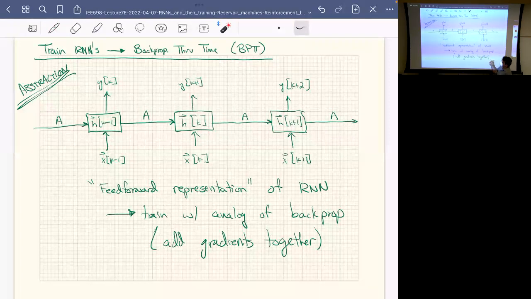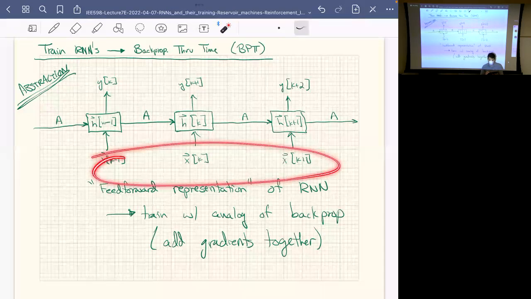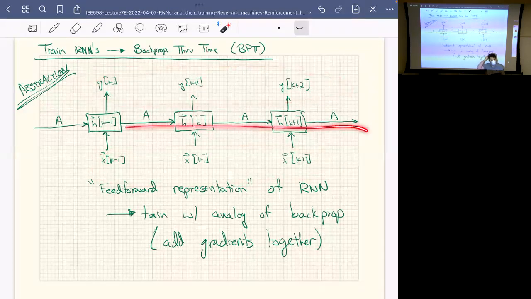I know it's a little weird because I've got the inputs coming in here and the outputs coming in here, but I'm saying it's backpropagation in this direction. But again, I'm glossing over some of the details on how this works.